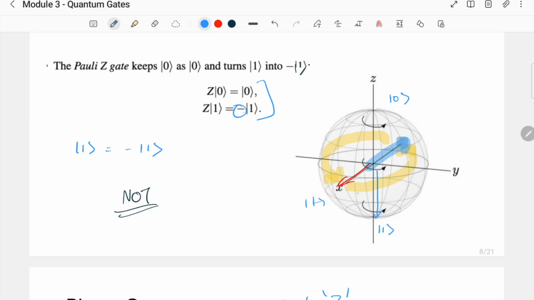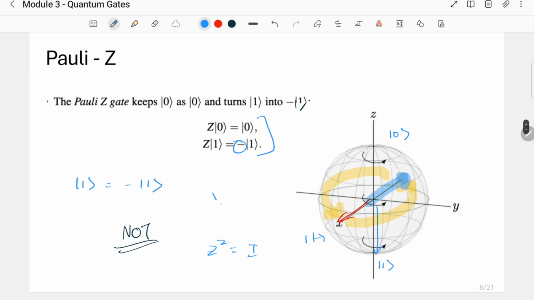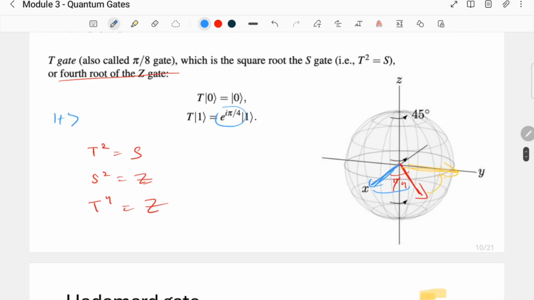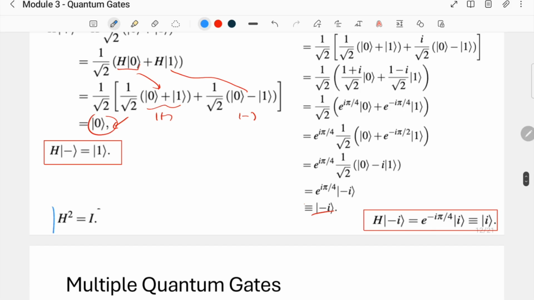This was plus, right? So Y square is I. This was the Pauli Z gate, so Z square is I. Similarly for X square. So you get the same states again. Similarly for the Hadamard gate. Why? Because it also rotates by pi, or 180 degrees. So when you rotate it twice, you get 360 degrees, which is nothing but 0. So you get back the same thing. So this is just that H square is equal to I.